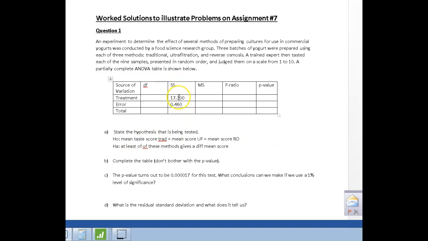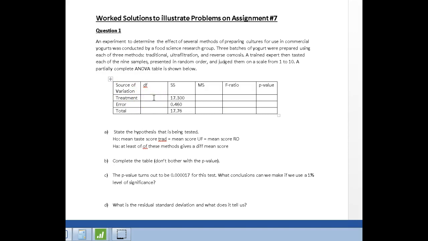Alright, we are told the sum of squares for the treatments, where the treatments are the traditional, the ultrafiltration, and the reverse osmosis, and we're told the sum of squares for the random error component. So to fill this table in, first of all, the easy part is, let's do the total sum of squares. So that must be those 2 numbers added together, which gives me 17.76. Okay, that's the total.